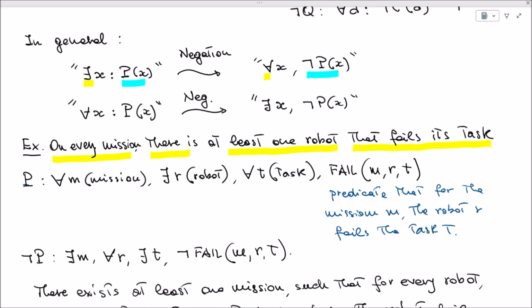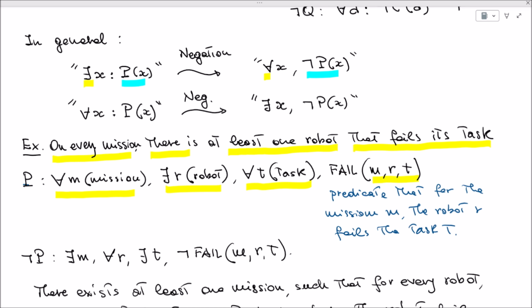Now, translating this into formal language, we got for every mission we can think of, there exists at least one of the robots involved in the mission, such that for every task there must be a fail. So one of the robots involved in the mission will fail every possible task that it is assigned in that mission. We want to negate this proposition, so we want to build the not P proposition.